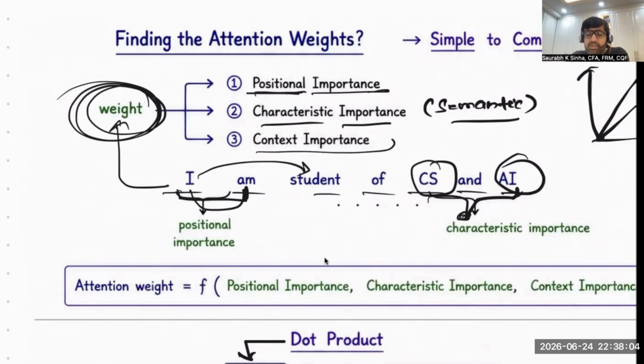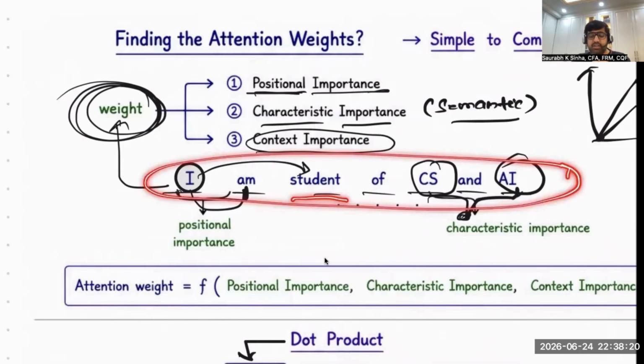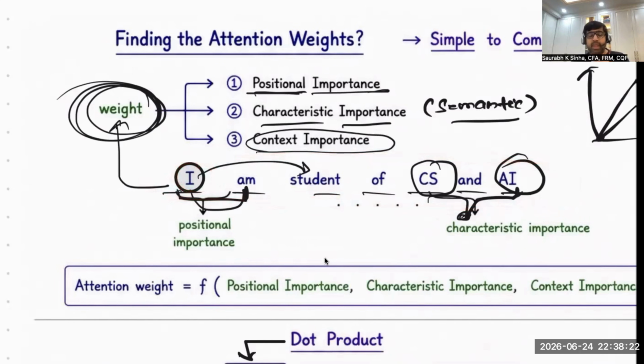The third piece of information which is needed is context importance. Context means that if you talk about "I," then it should understand what the importance of "student" is in this whole context relative to "I." What is the importance of "am" with "I" in the context of the whole sentence?